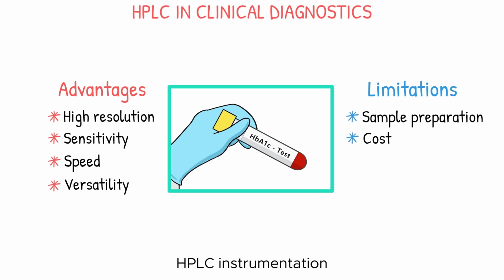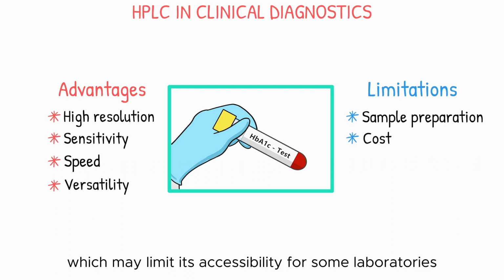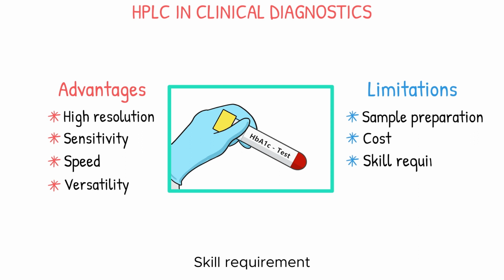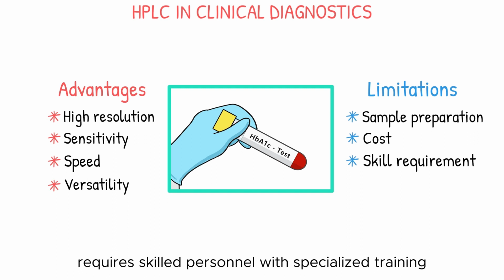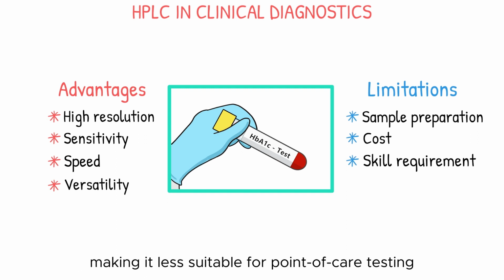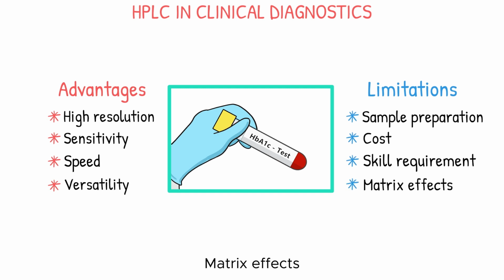HPLC instrumentation, consumables, and maintenance can be expensive, which may limit its accessibility for some laboratories or clinics. Skill requirement. Operating an HPLC system and interpreting the results requires skilled personnel with specialized training, making it less suitable for point-of-care testing.